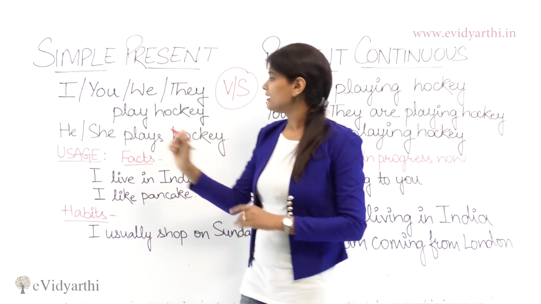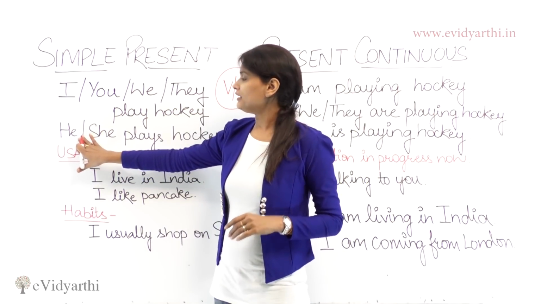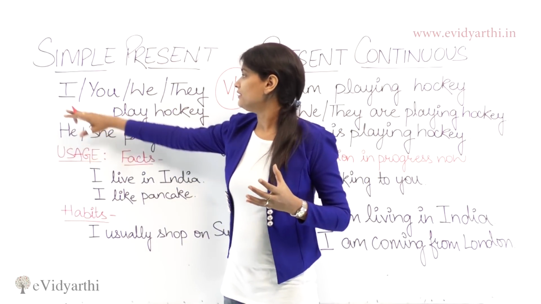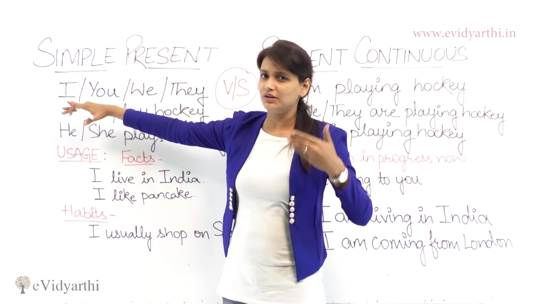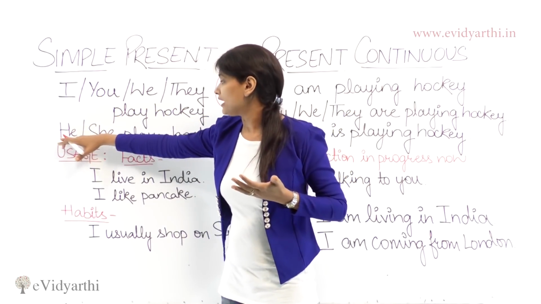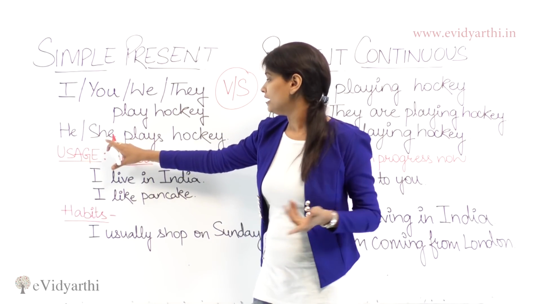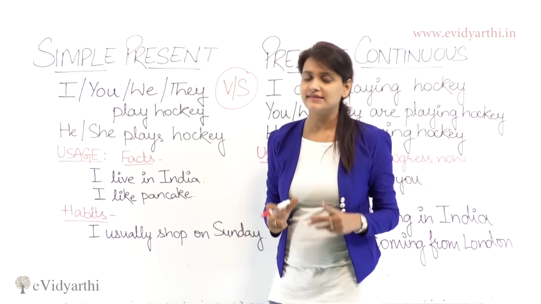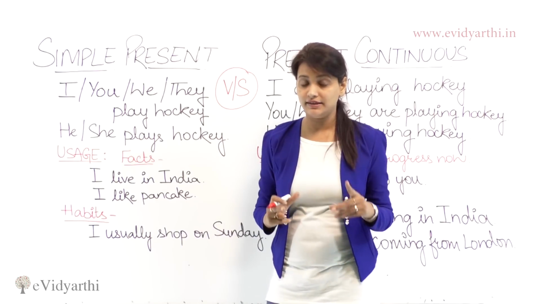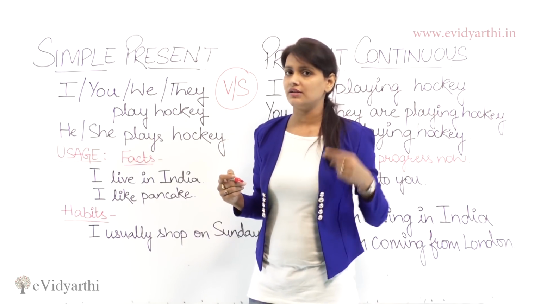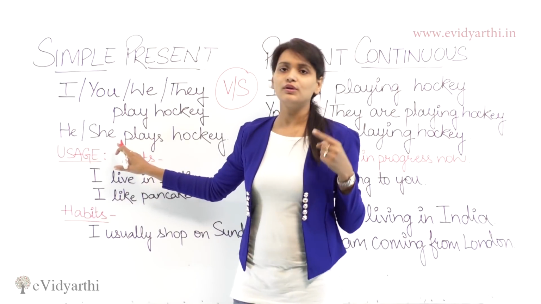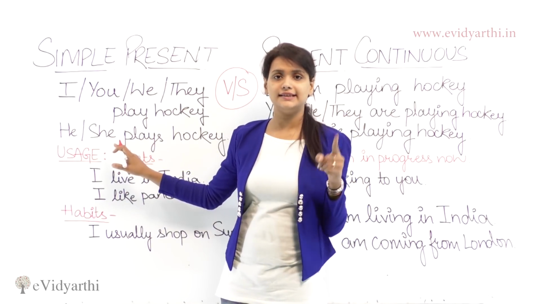So why it happens, I tell you: when the subject is singular, forget about these two, I'll explain a little later. That is a singular, which is a pronoun, he, she, or the name of a person, then we add s or es. Why do I say es? Like if I say he goes to the class, go is the main verb, but we add es.